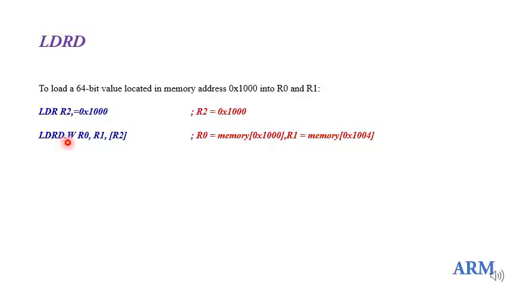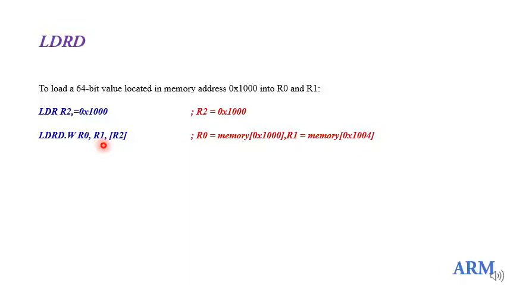Now I want to load the double word from the address which is in the register R2. For that I am using the instruction LDRD.W, referring to the 32-bit instruction from the Thumb-2 set. R0 is my destination register, comma, R1 also is my destination register.